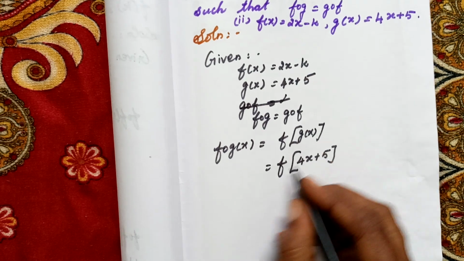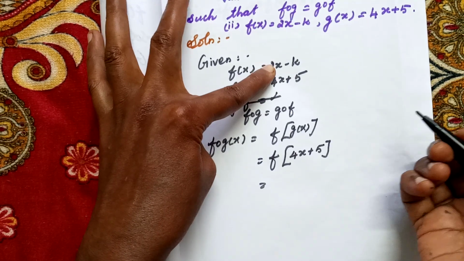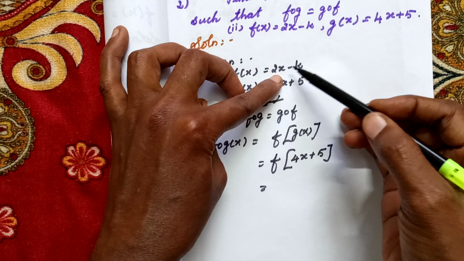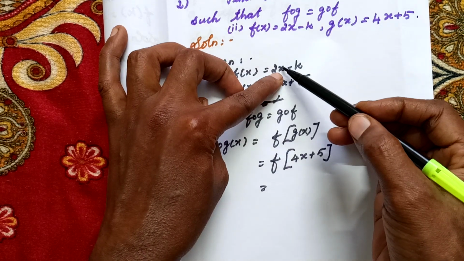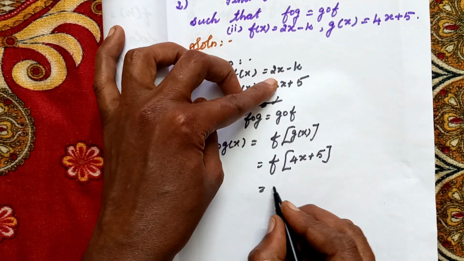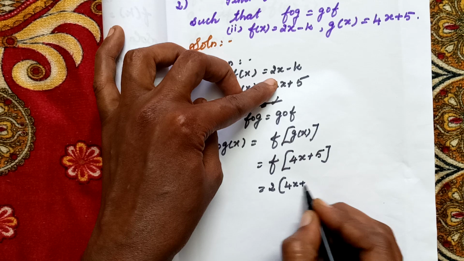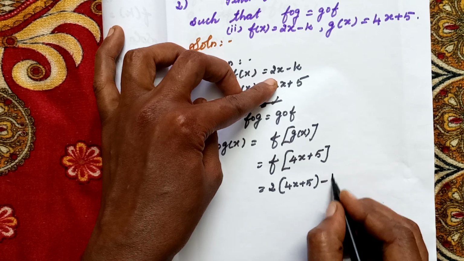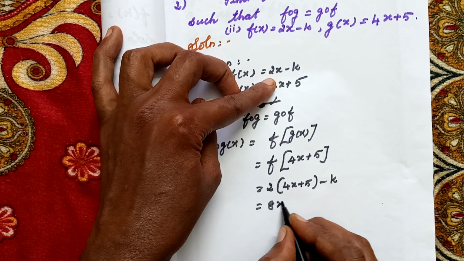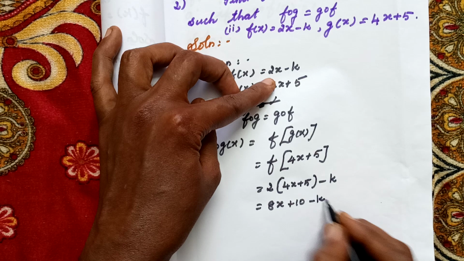How to substitute here? What is f of x? 2x minus k. F of 4x plus 5 means in place of x, we have to replace 4x plus 5. So, 2 into 4x plus 5 minus k is equal to 2 4s are 8x, 5 2s are 10, minus k.